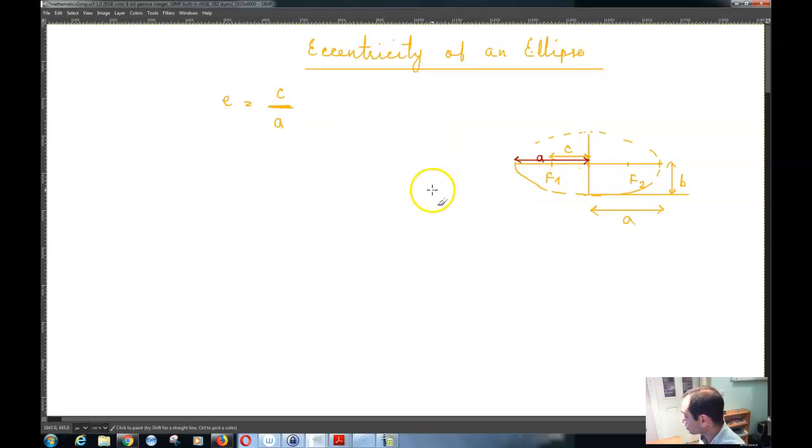This sentence is important, and it's going to be used in the rest of the work that we are going to do.